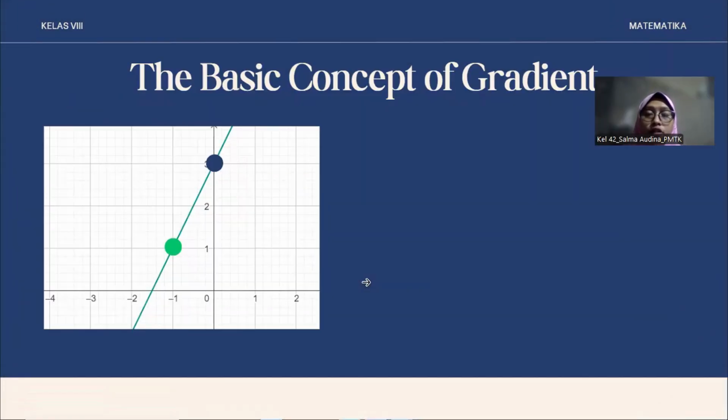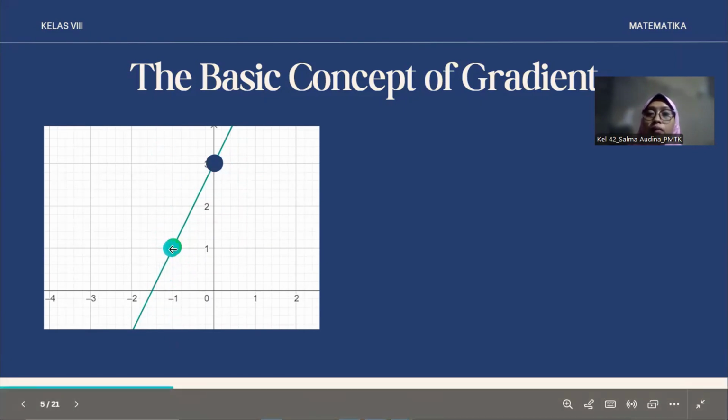To understand this better, look at 2 points on the line. We will say this is the first point and this is the second point. To find the gradient, we look at how far the second point is above or below the first one.